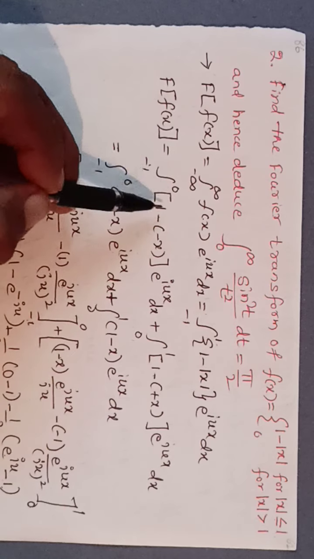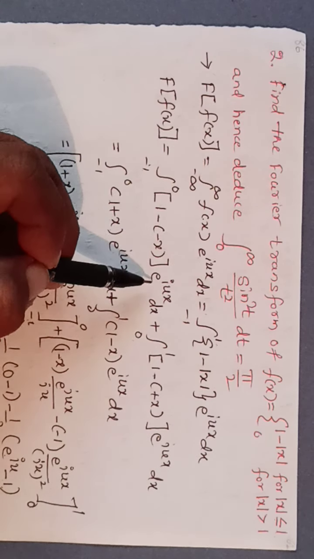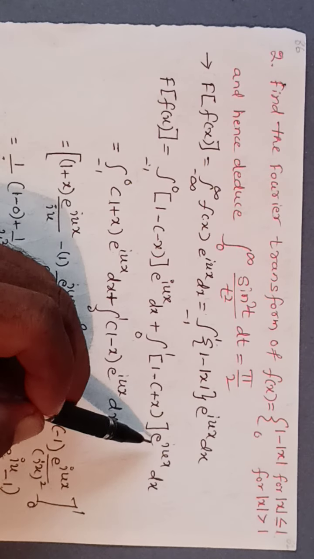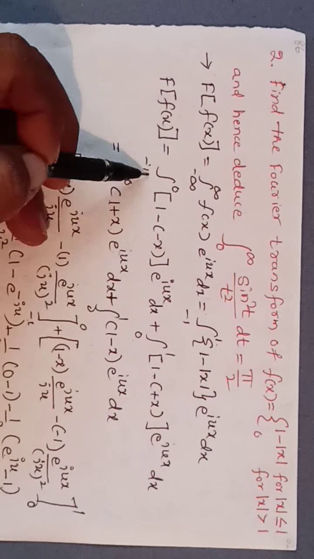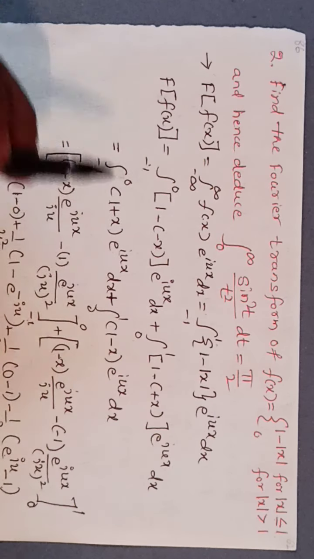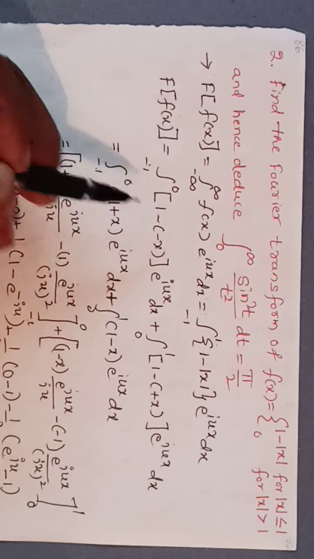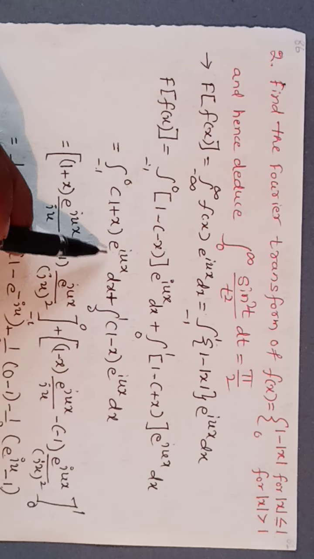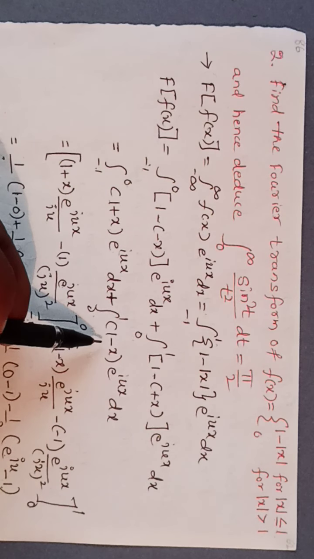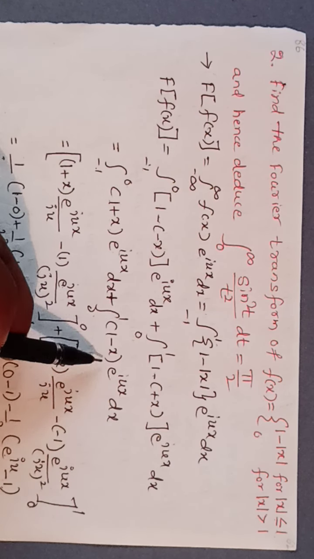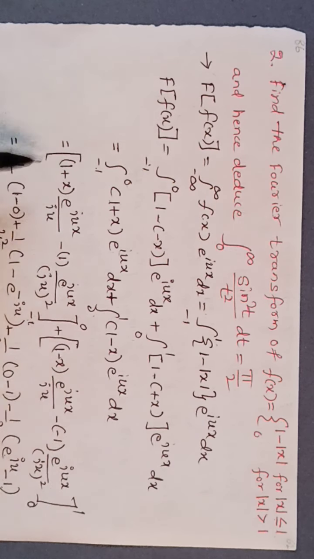Because for 1 minus mod x, one value is 1 plus x, and the other value is 1 minus x. So the integral from minus 1 to 0 of 1 plus x times e raised to iux dx, plus the integral from 0 to 1 of 1 minus x times e raised to iux dx.